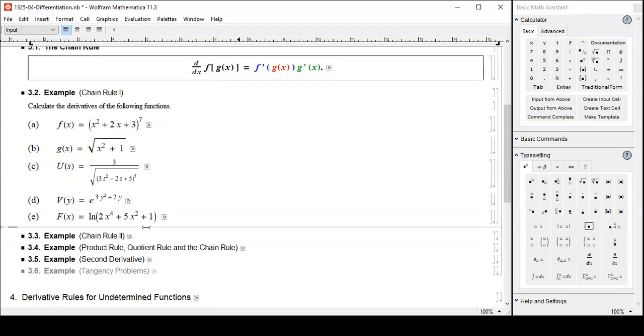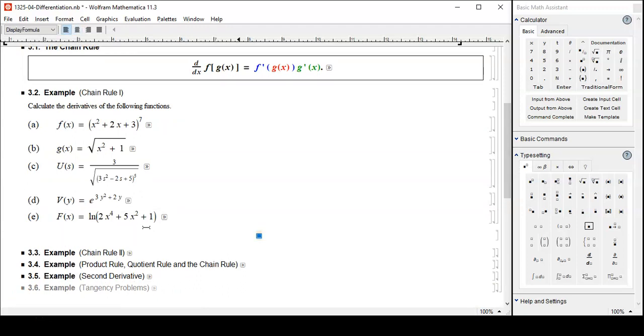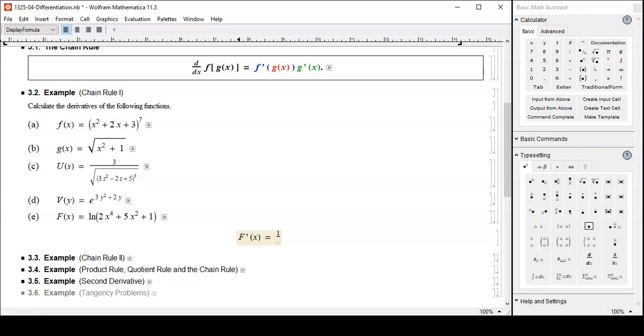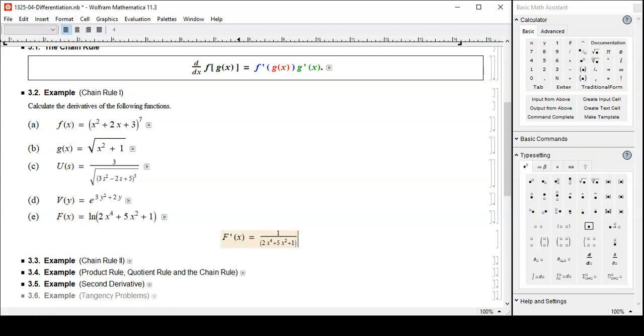Okay, one more problem. All right, how about this? The outer function is logarithmic function. What is the derivative of the log x? It's 1 over x, isn't it? So 1 over whatever this inside, because inside never changes. Okay, so far so good. And we have to multiply the derivative of the inside.